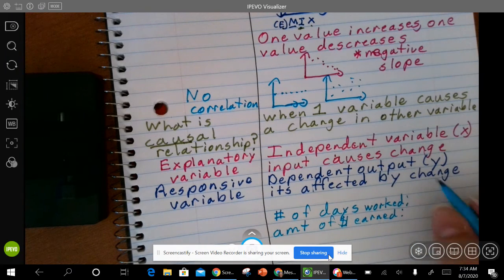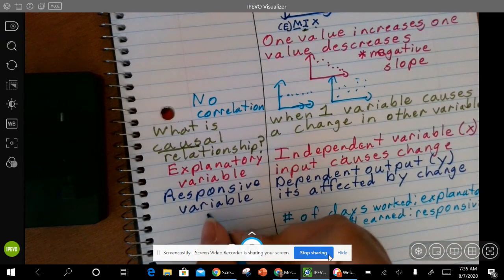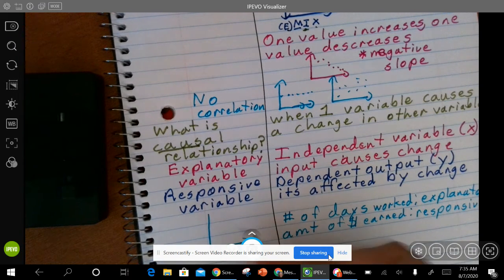So the amount of days worked is explanatory, and the amount that you earn is responsive. So the more days that you work, normally, unless you're working like 18-hour days, anyways, it's going to increase, or just time in general. So the more you work, the more money you're going to earn.